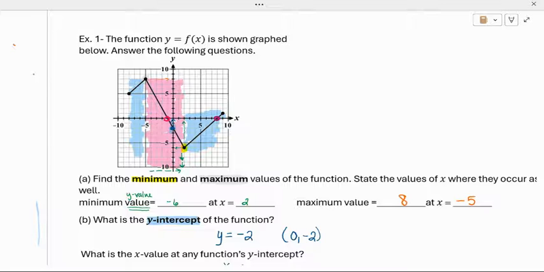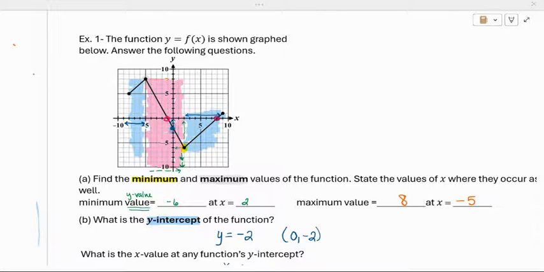We could say that from -8 to -5, or we could use the interval 2 to 9. So let's write both of them.